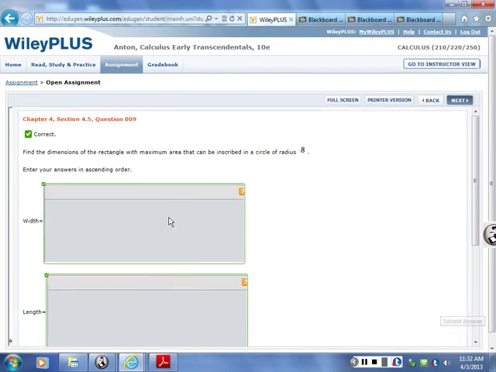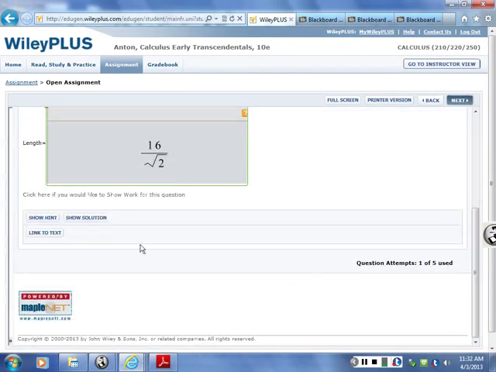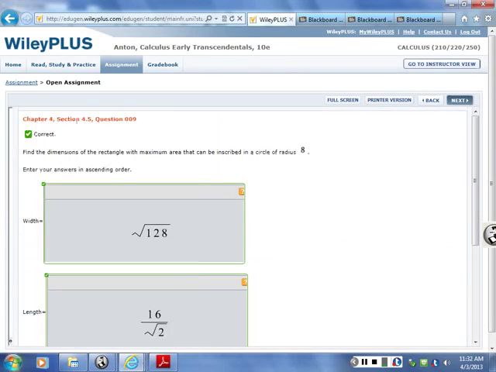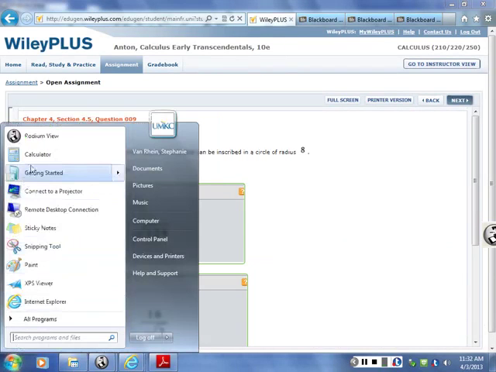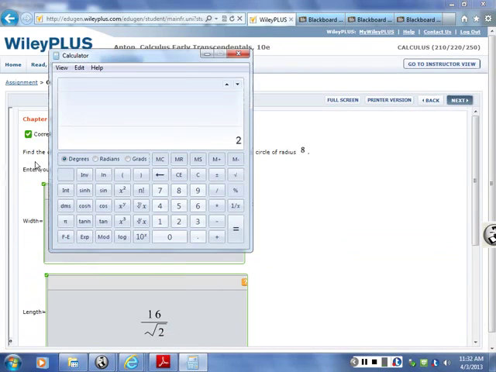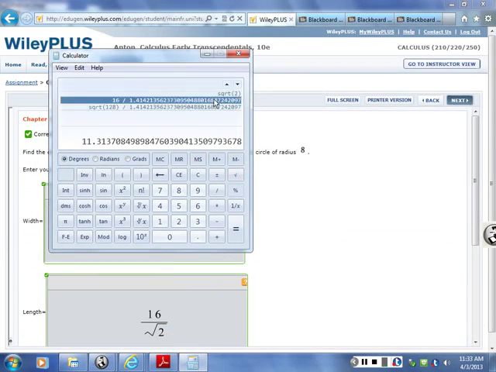Oh, that's supposed to, oh no, it's right, okay. I was like, oh no, it's supposed to be squared, but it's not. Okay, so if I go to a calculator, let's take 16 divided by the square root of 2, and let's take the square root of 128. You guys see that this is the exact same thing?